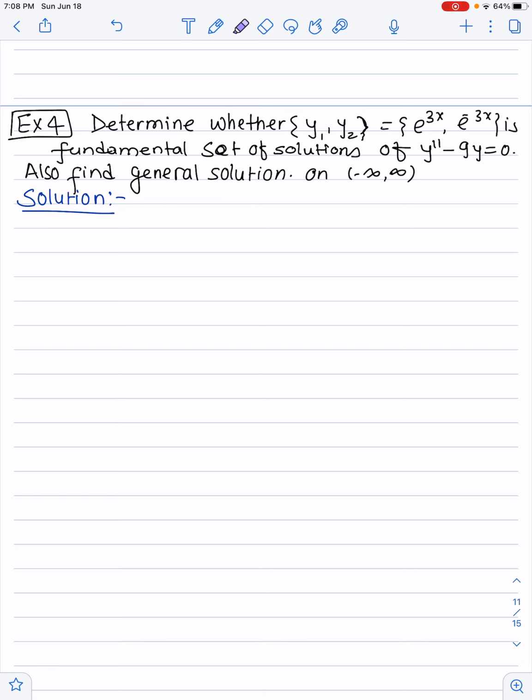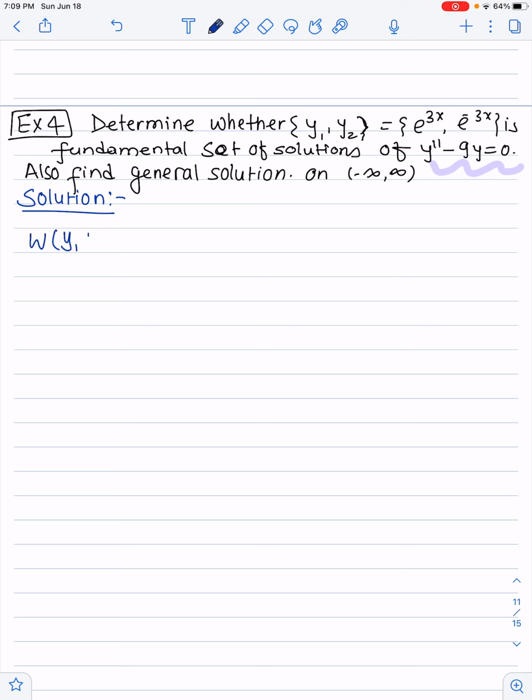It says determine whether this set of functions is a fundamental set of solutions of this differential equation and find the general solution. So to be a fundamental set of solutions, those functions should be linearly independent. So we will check whether those functions are linearly independent or dependent by Wronskian.